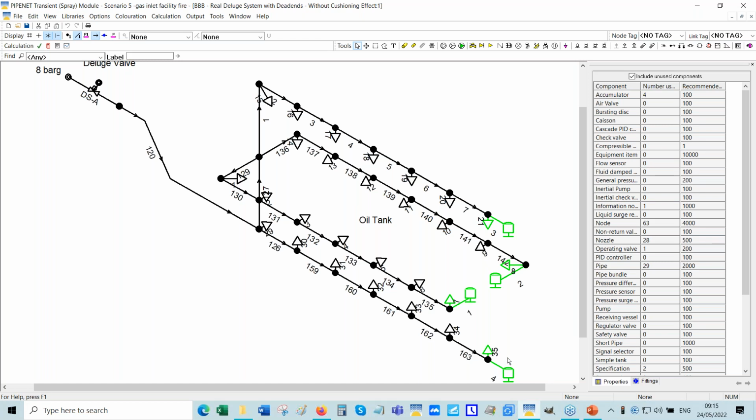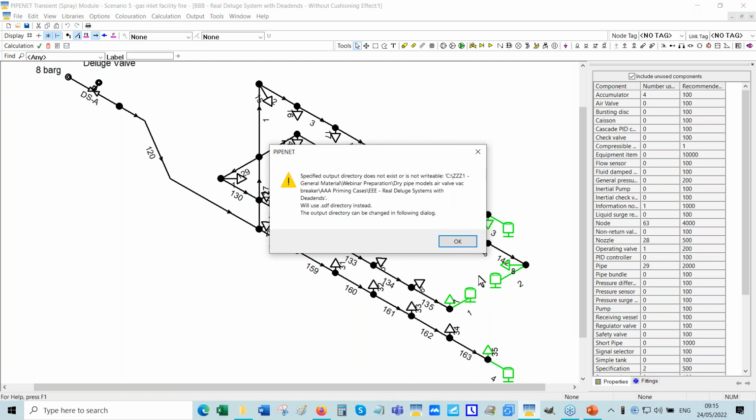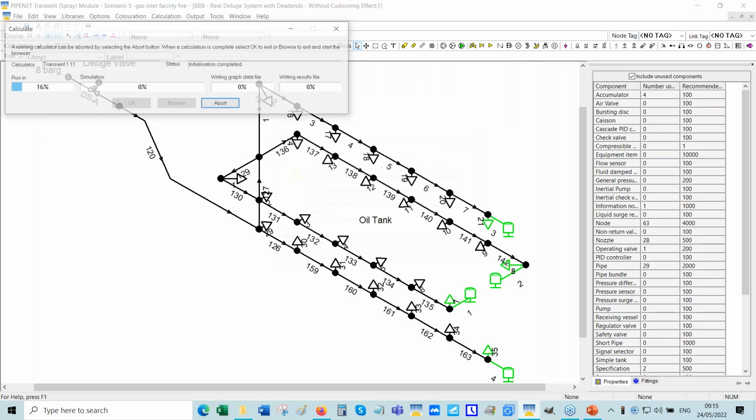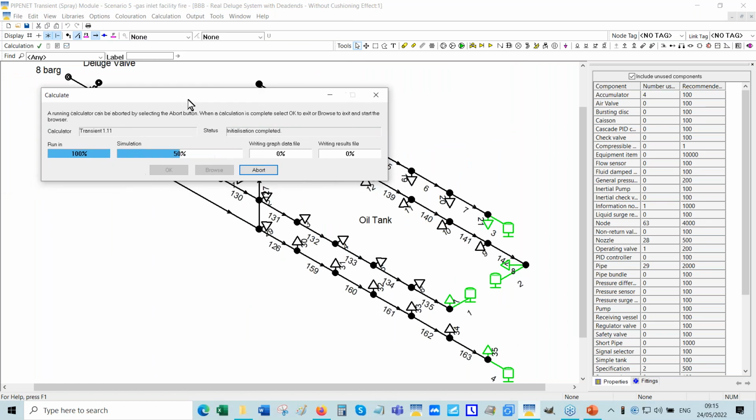It's a bit like that. We're putting extensions on all the pipes, including those up here, to reduce the pressure surge. And this may take longer to run. If it takes too long, no, it's not bad.